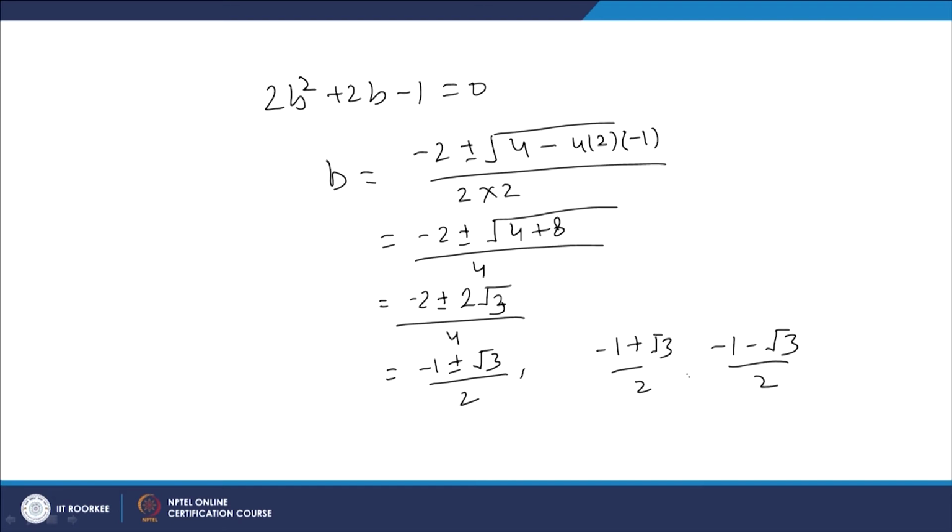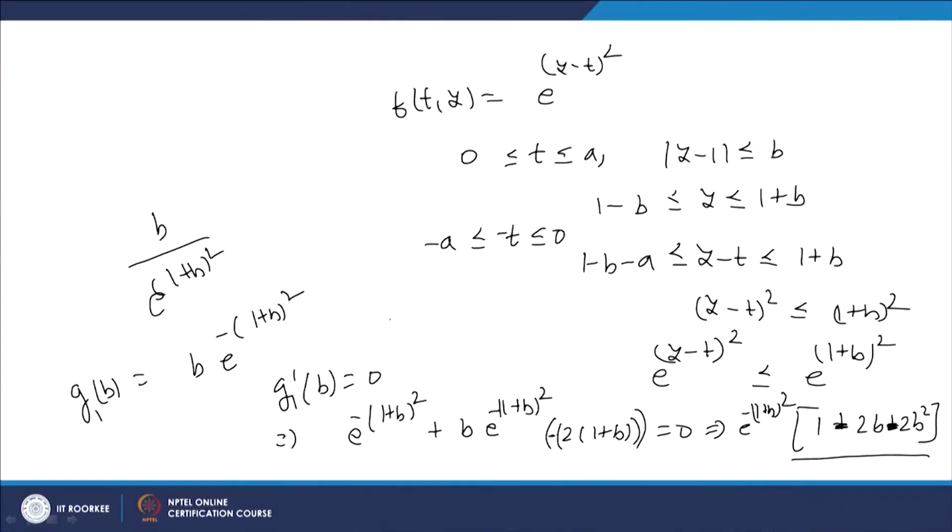and since b satisfies this condition that minus 1 is less than or equal to b, it means that b has to be positive. So, if you consider this value, then this value is going to be a negative value of b. So, we have to take the value b which is given as minus 1 plus root 3 upon 2. I am leaving it to you to show that at this value G1 b achieves the maximum value.